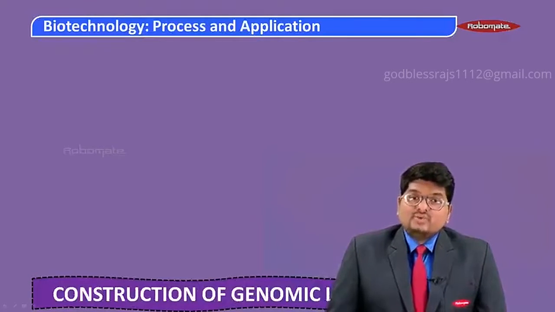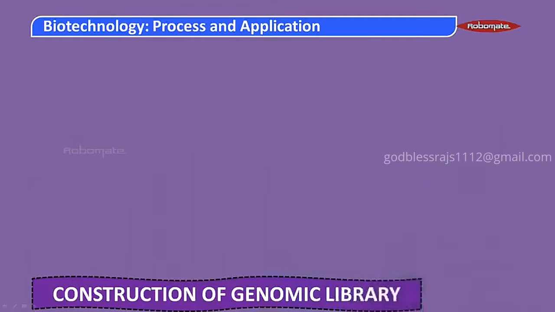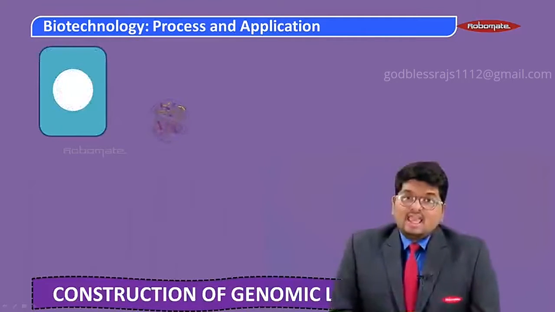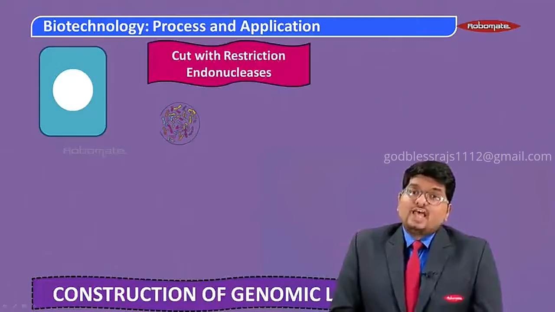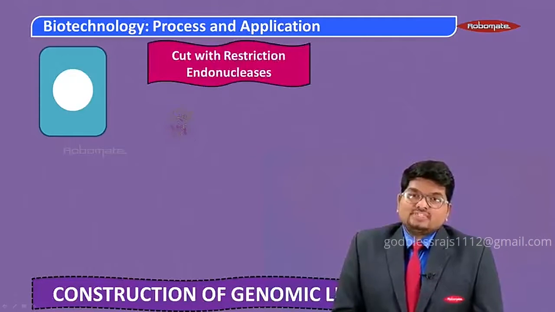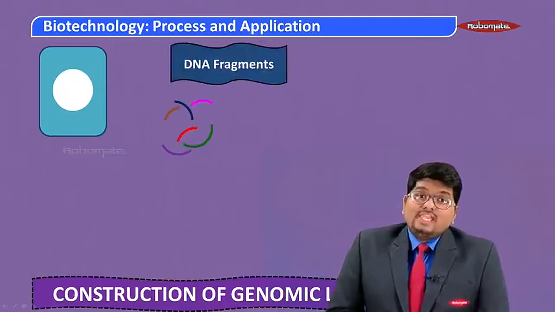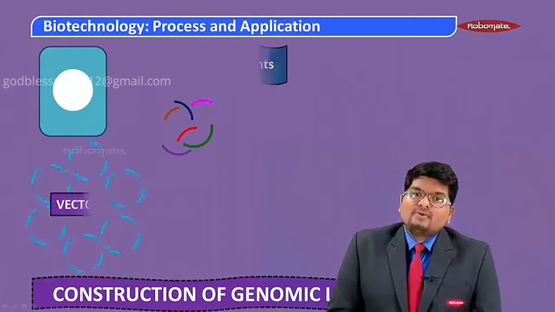Now let us take a look at how a genomic library is constructed. Here I have a cell, and can you see the DNA in the cell? We isolate this DNA, and we cut it with the help of restriction endonucleases to get DNA fragments. Then we take vectors from suitable microorganisms.